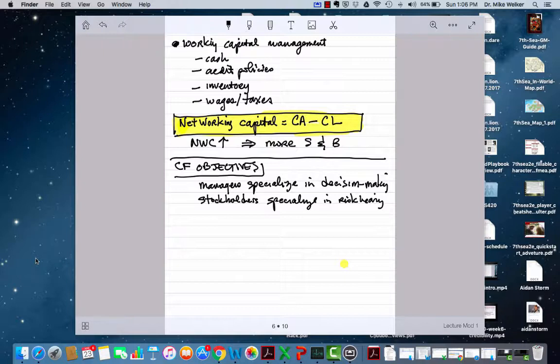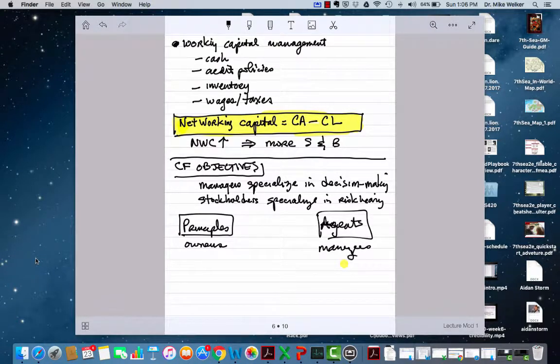So you have the principals, the owners. You have the managers, who are agents. The managers are hired because of their specialization. The principals put into place a board of directors.